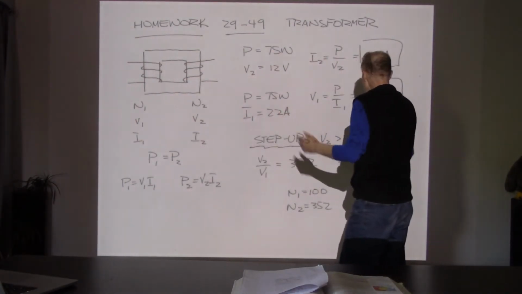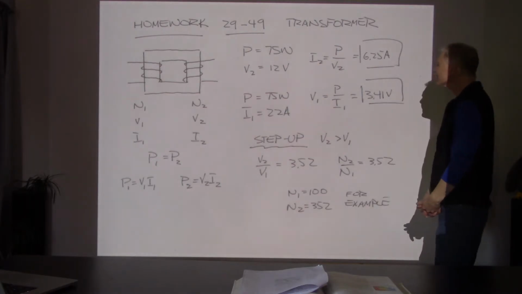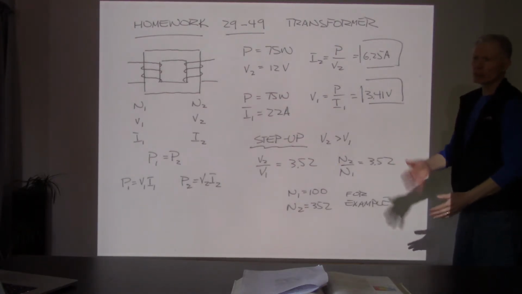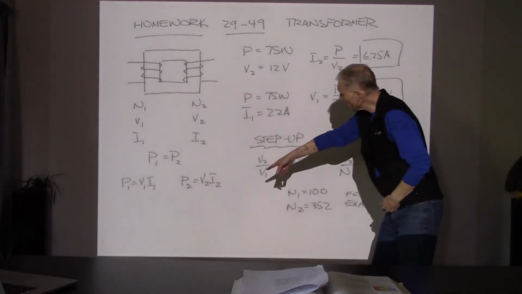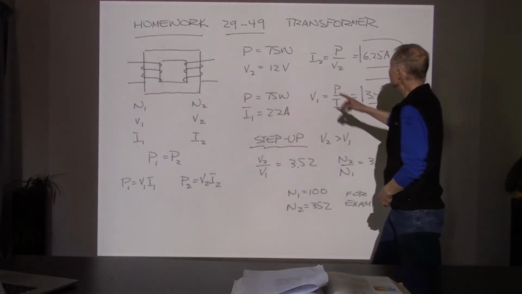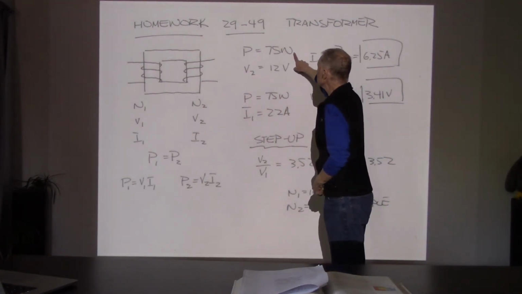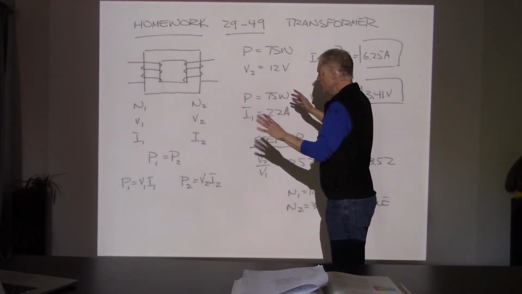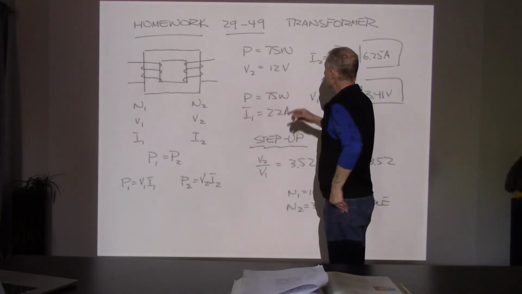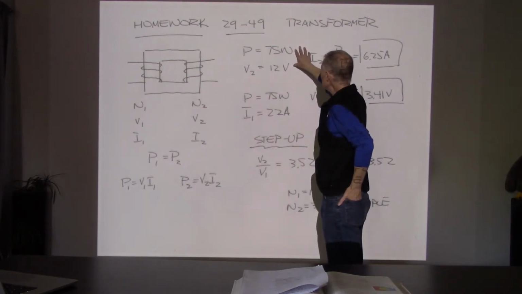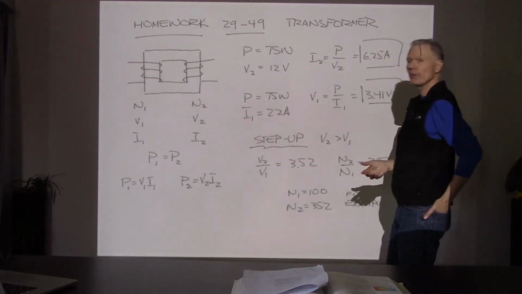Now, for this, you really just have to be given a few numbers to start with, and then you can run through all these equations. Now, in this case, they told us that the power of the secondary or primary doesn't matter because the power is going to be the same. So P1 and P2 are going to be 75 watts.